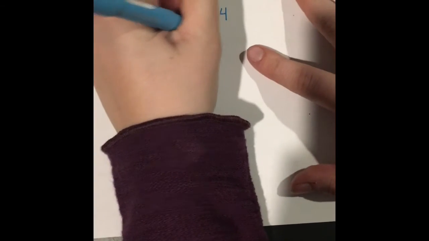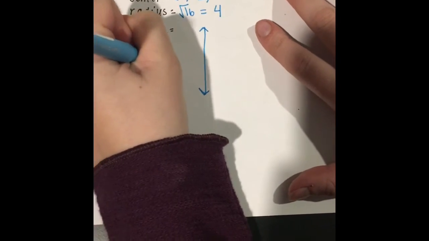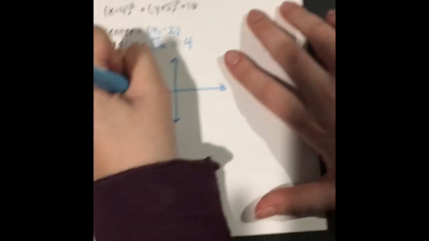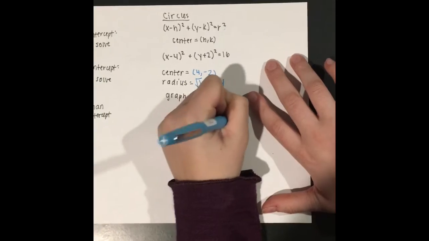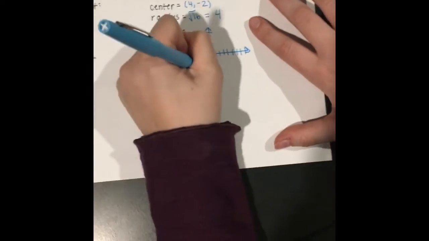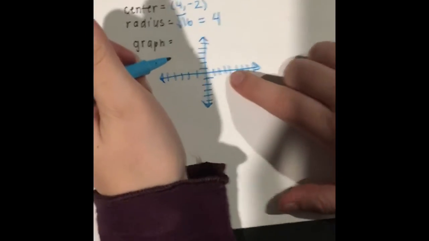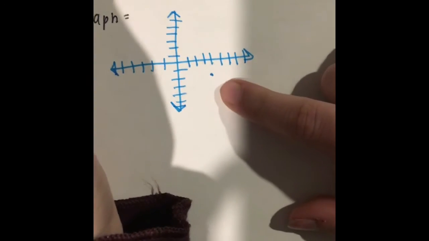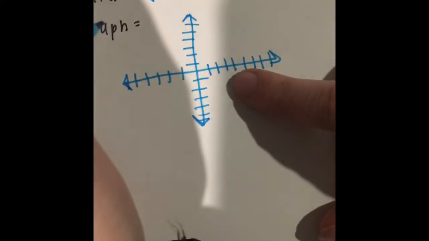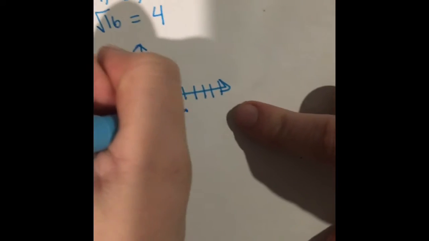And then the graph. So how you graph these, all right, so 1, 2, 3, 4, negative 2. You know your radius is 4, so if you move 4 up, 4 to the left, 4 down, 4 right, those are your points.